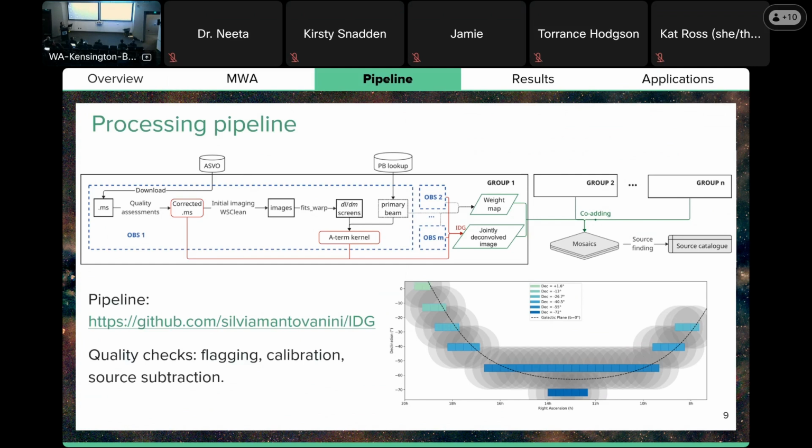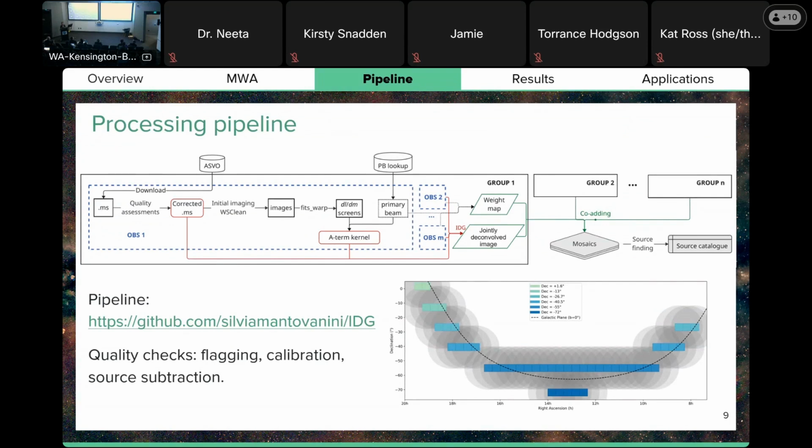We have analyzed each one of those, performing quality assessments such as flagging, calibrations, etc. And then we have performed initial imaging, which enables us to save the position of all the sources and that we put on the side in what we call the DD screens, that together with the beam of every observation went into the final imaging algorithm.